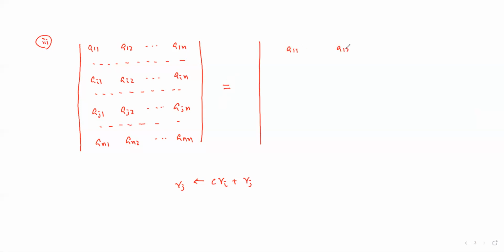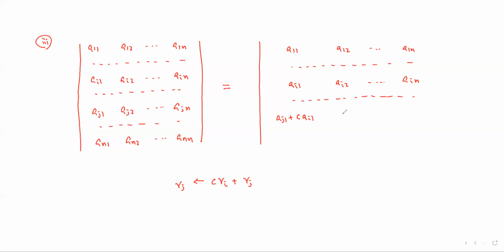The first row is a_11, a_12, up to a_1n. This operation doesn't change row i, so let me copy row i here. Now, row j is changed. c times row i added to row j, so row j becomes a_j1 plus c a_i1.